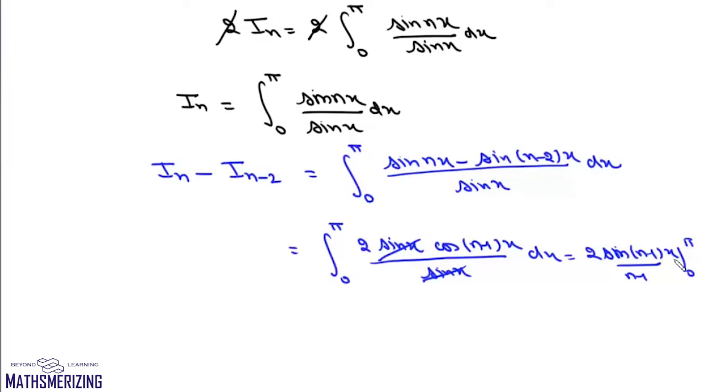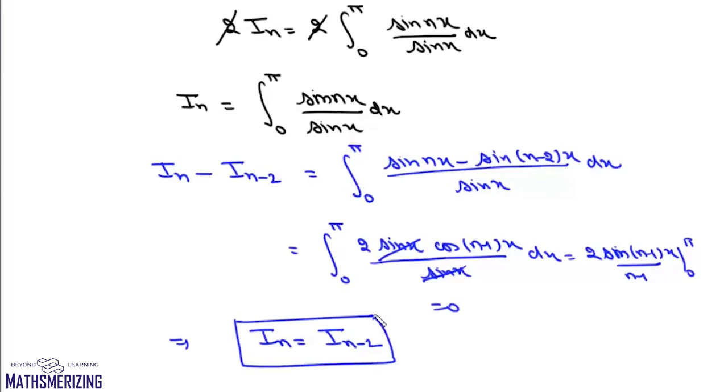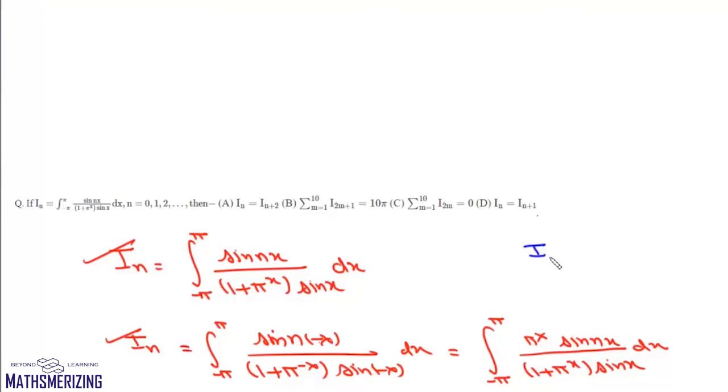Now sine n pi is 0 and sine 0 is 0. So this right hand side will be 0. So from here we'll get this result as I_n equals I_{n-2}. So this is one of the results that we're getting. So we're getting I_n equals I_{n-2}, and if we replace n with n plus 2, we'll get I_{n+2} equals I_n. That means this option A, it is correct.